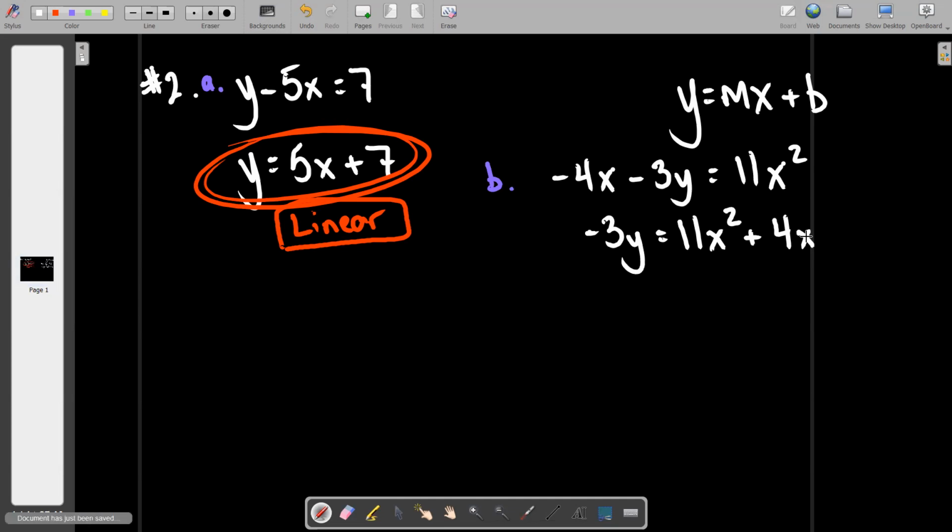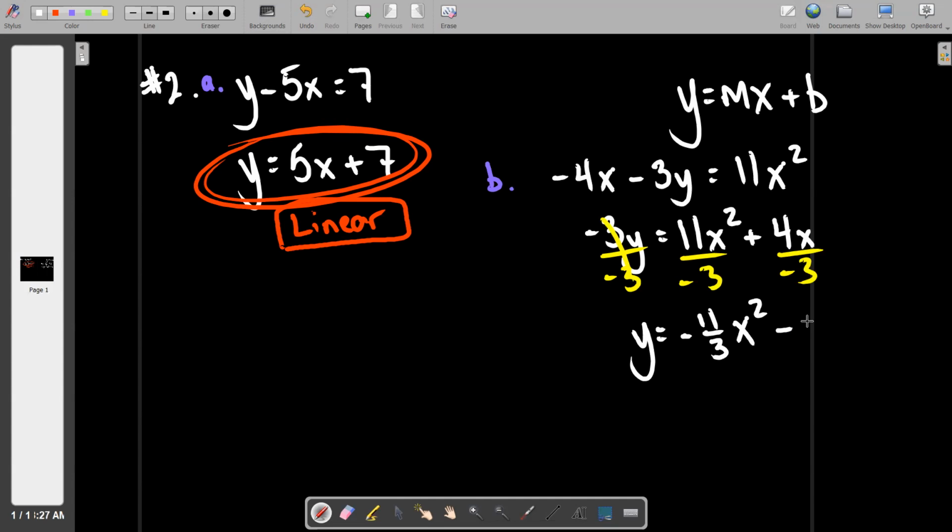You might say they both have x's, but you can't put x's together when one of them is squared and one of them is linear. So when I divided everything by negative 3 to show my work, I got y equals negative 11 thirds of x squared minus 4 thirds of x.